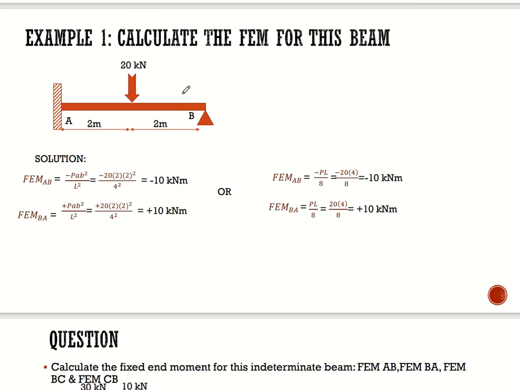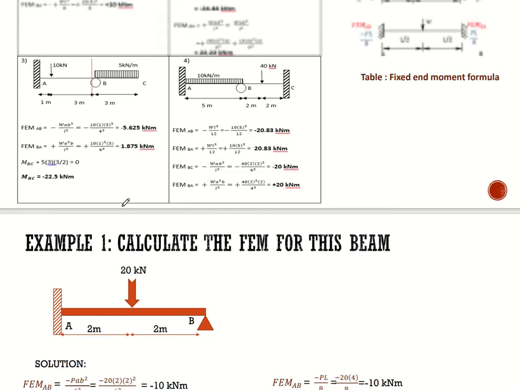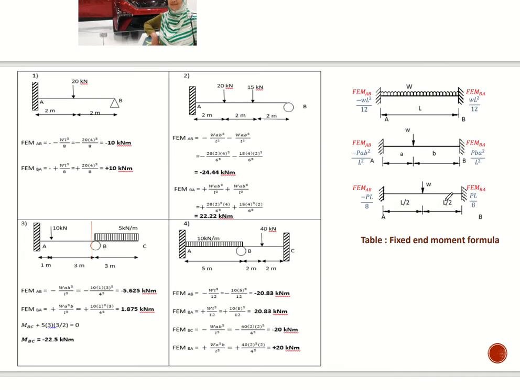Okay, this is the first example. You have to calculate the fixed end moment at the left and the right side. When you have a point load subjected to the middle of the beam, and for instance you have 2 meters on each side, left and right, then we're going to use this equation to find the fixed end moment at the left and at the right side of the beam.